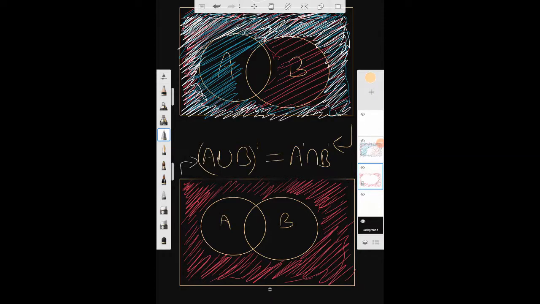same. If you look carefully, if I take this part off, if I take this part off, this is the unshaded. If I take this part off, you will easily understand.